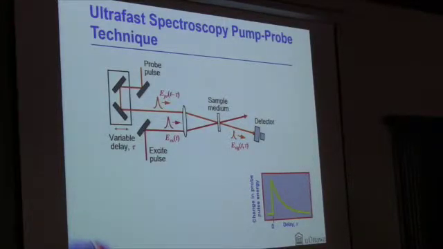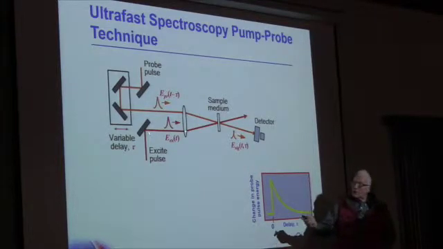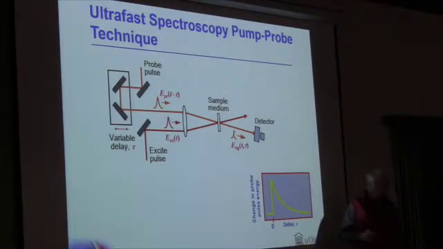Now a sample that we do not understand, we want to look at its frequency response. Before, we had a nonlinear crystal here, something we do understand, and we were always looking at its simple response, second harmonic generation.